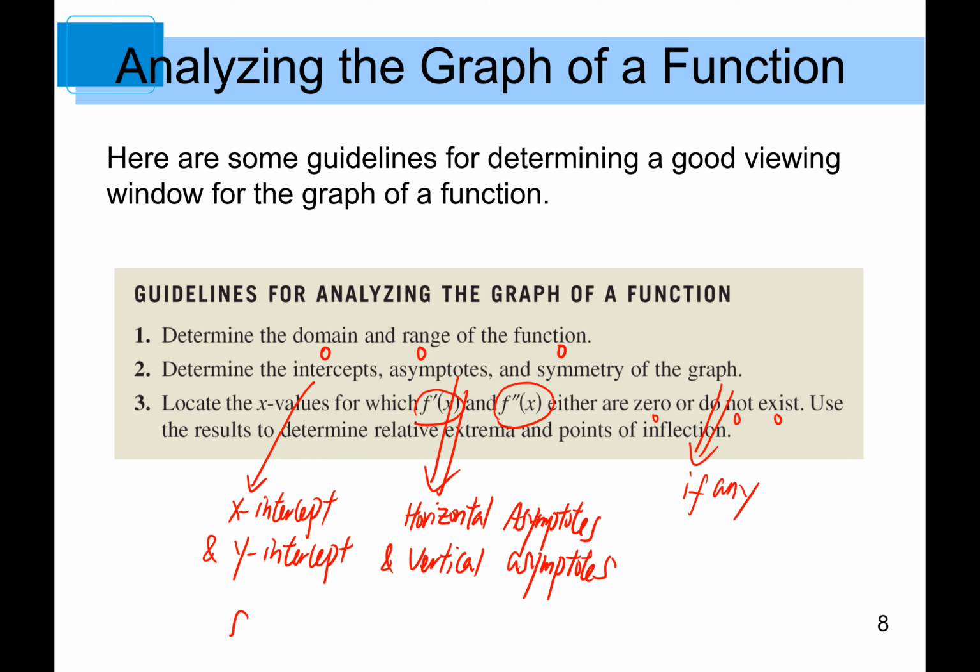So if you set f prime of x equal to 0, you'll find the critical numbers. And then if you set f double prime of x equals 0, you will find the possible points of inflection.